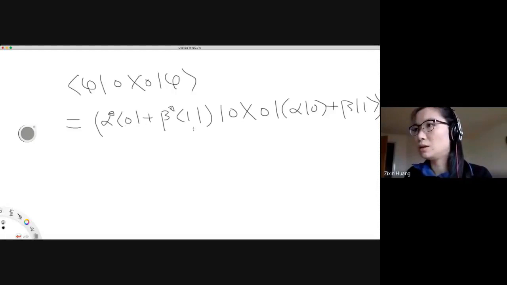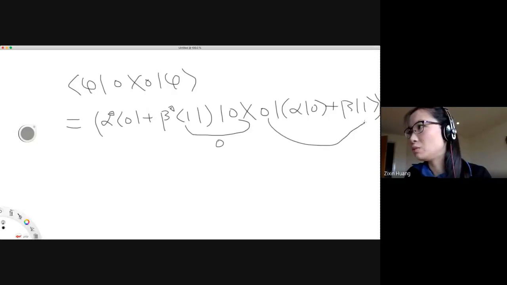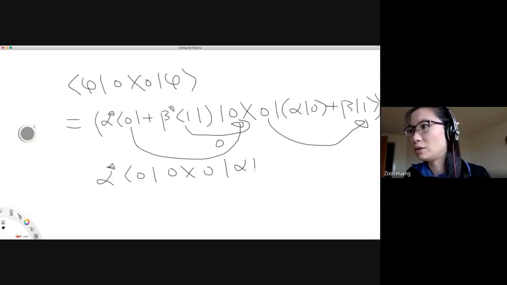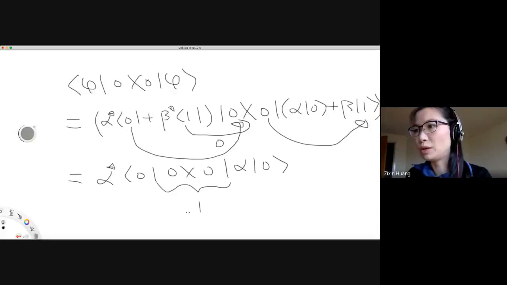Okay, so every time you see a 1 overlaps with 0, you end up with 0. And so this will just get killed. So this interacts with the 0, will give you 1. So what's not killed is, you end up with alpha 0, 0, 0, alpha 0, right? So this thing becomes a 1.